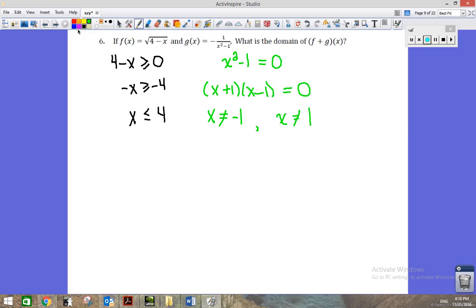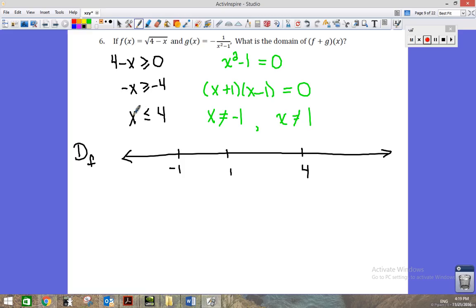So we want to exclude those two values from the domain. Let's draw a number line for the domain of f, for values that were less than or equal to 4. I'm also going to include these other points of interest, negative 1, positive 1, and 4. Values less than or equal to 4: I have a solid dot at 4, and I shade to the left of 4.